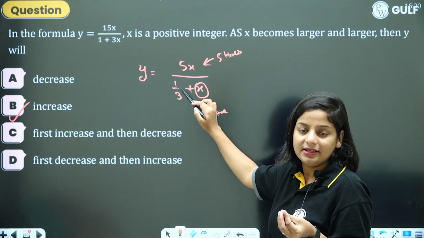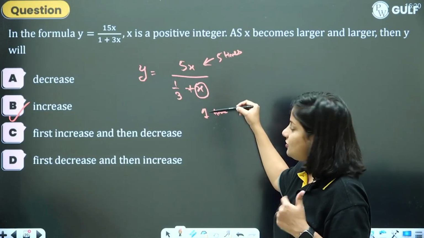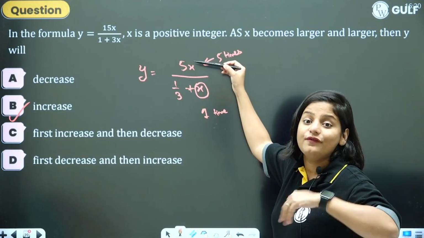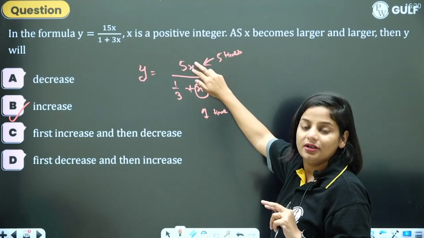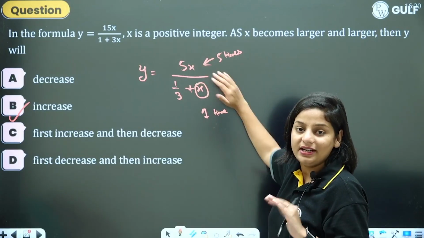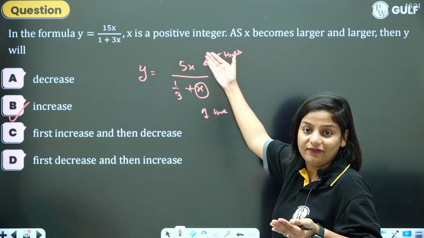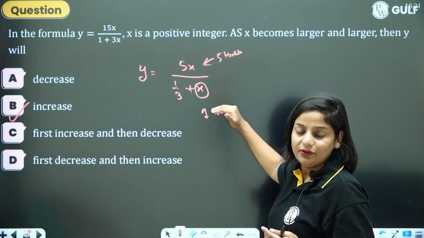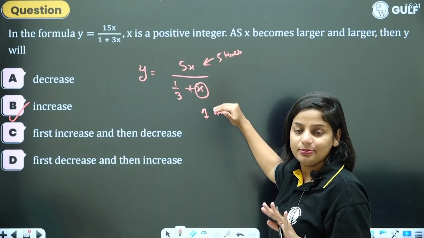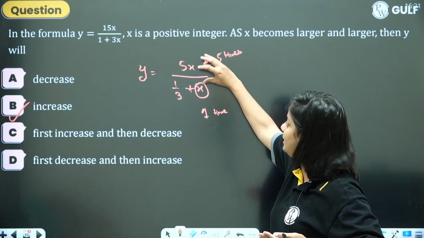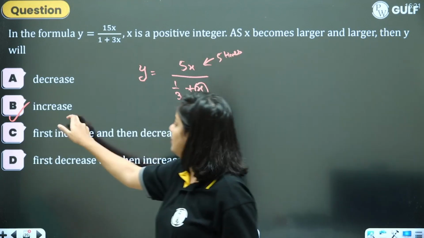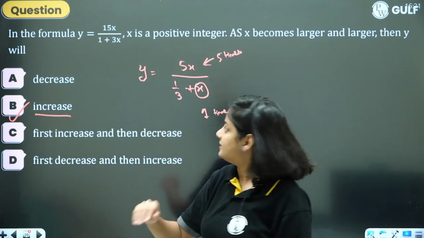This is hardly anything, you can ignore. Numerator is changing once, denominator is changing 5 times of that. So if you increase the denominator 5 times, numerator will increase 25 times. If you increase the denominator 10 times, numerator will increase 10 5s are 50 times. So numerator is much bigger than denominator. y will always increase.